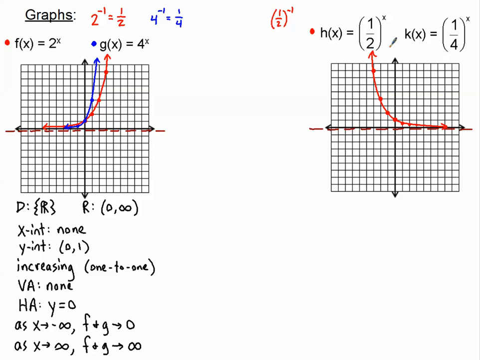Let's do the same thing for k of x. I'll do that in blue. Anything to the 0 power, of course, is 1. When I input positive numbers, my fraction is going to get smaller. 1/4 to the first power, 1/4 squared, 1/4 cubed, become 1/4, 1/16, and 1/64.